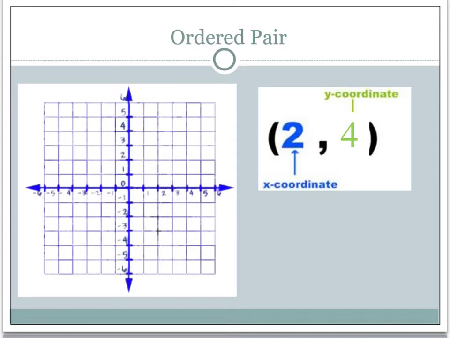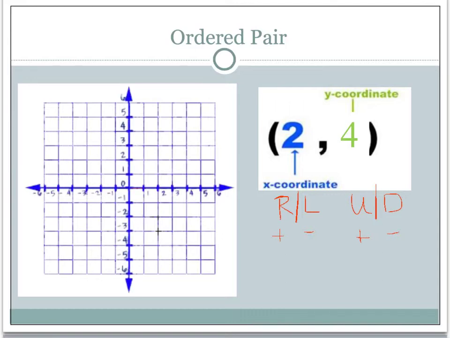So the first x-coordinate always tells us that we can move right or left. Right would be positive and left would be negative. The 4, the y-coordinate, tells us that we can move up or down. Up meaning positive, and down would be in the negative direction. So since the 2 is positive, we would move to the right 2 units, 1, 2.